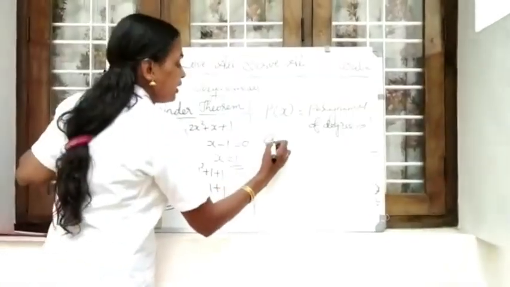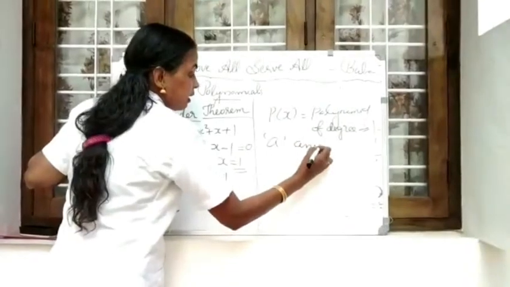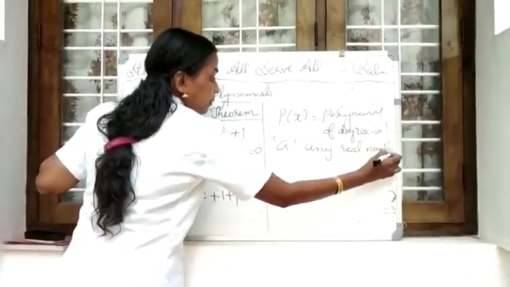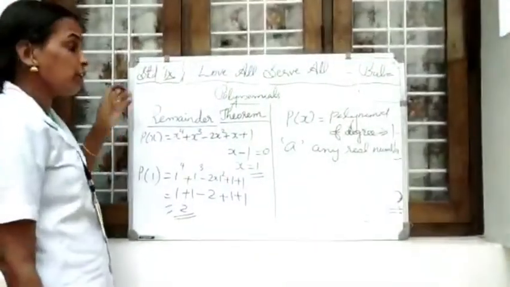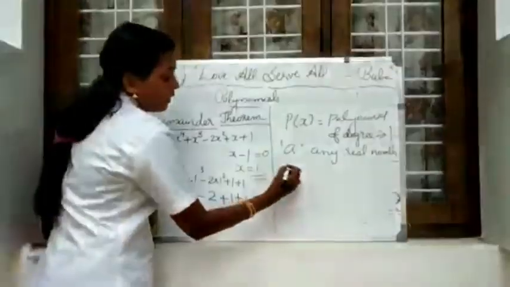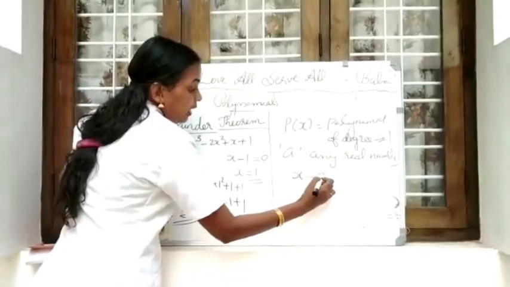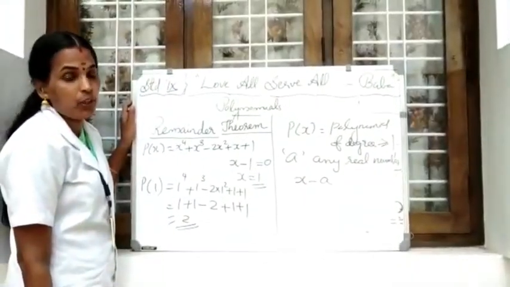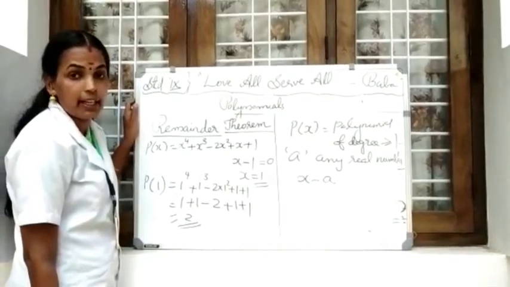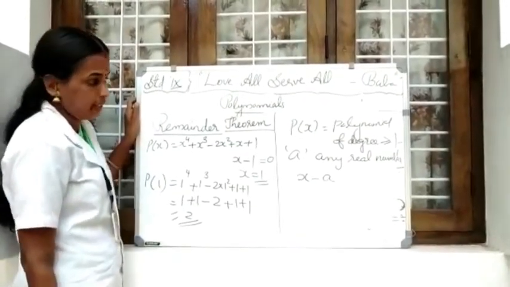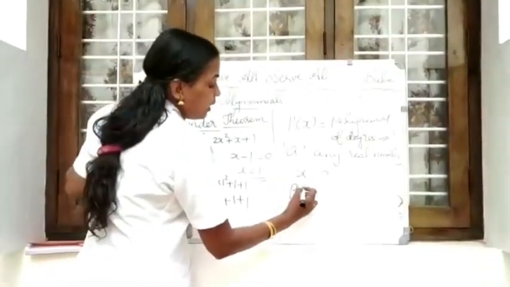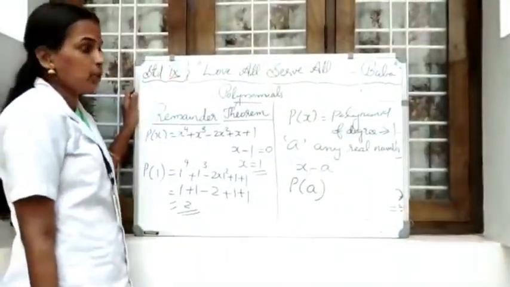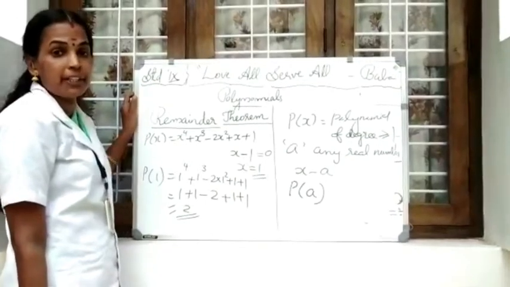Let a be any real number. If p of x is divided by a linear polynomial x minus a, the remainder will be p of a. This is called the remainder theorem.